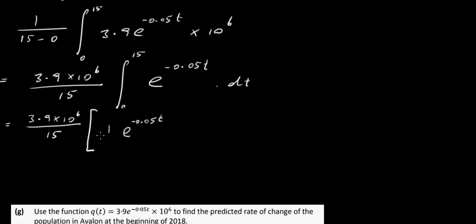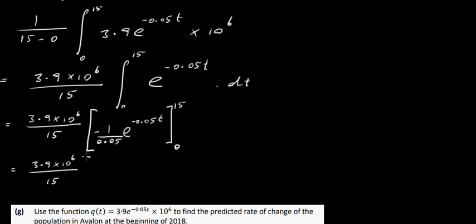So really what we're going to do is end up with 1 over minus 0.05 here. So this is what our integral is, and our limits are 0 to 15. Okay, so what we end up with then is 3.9 by 10 to the power of 6 over 15.